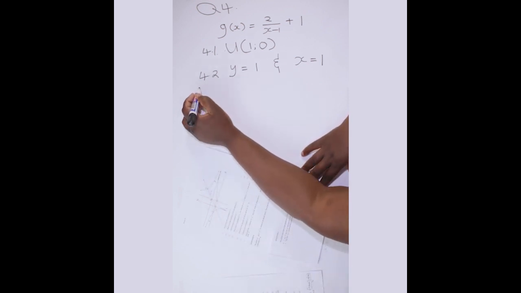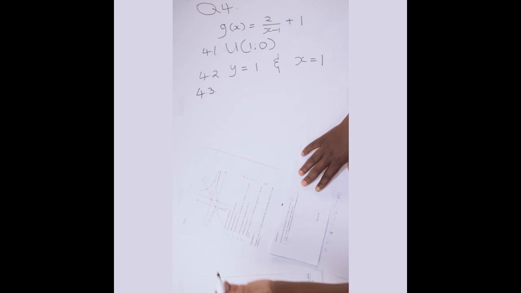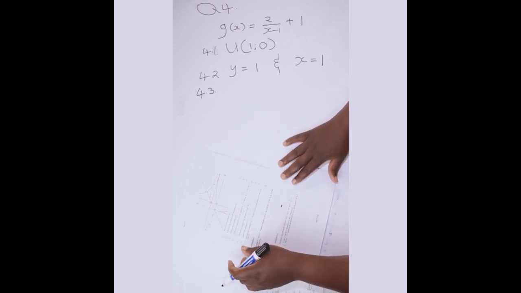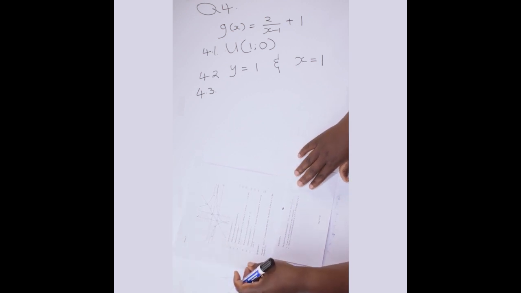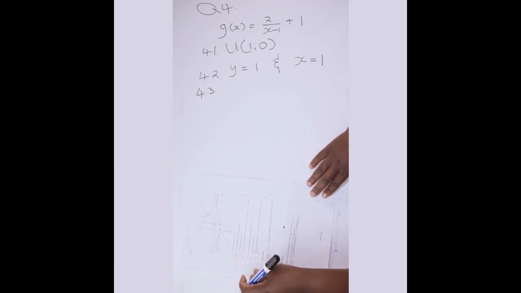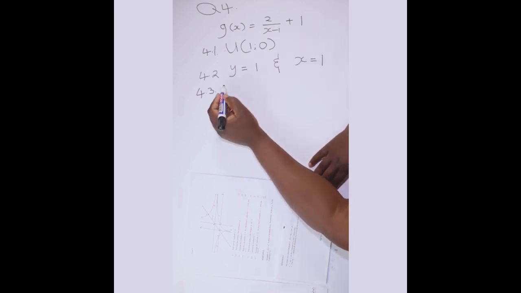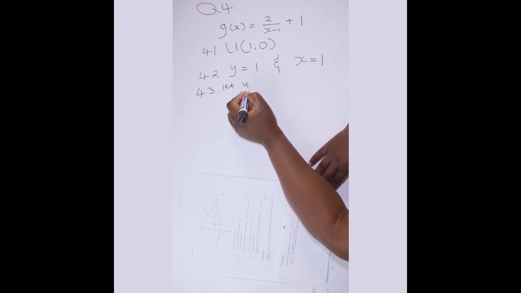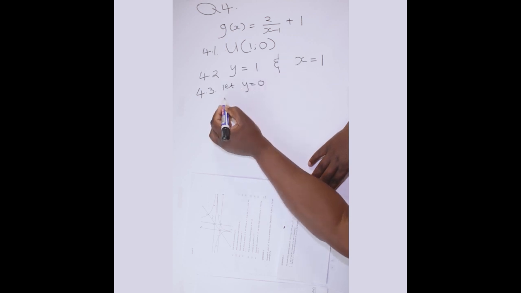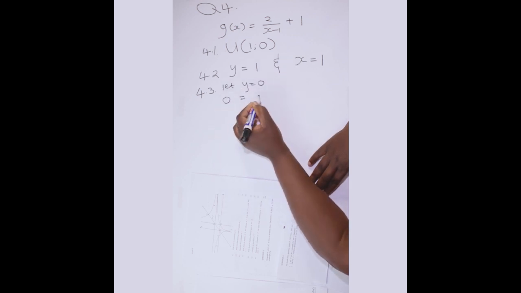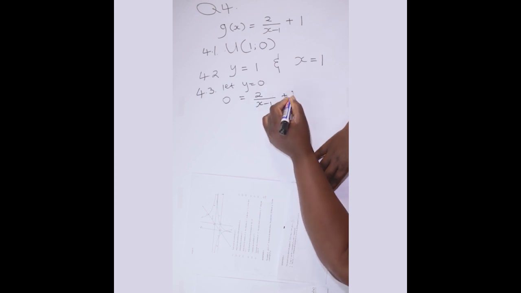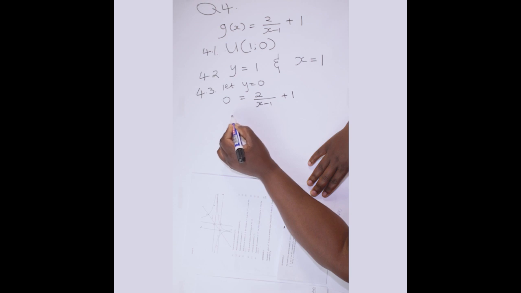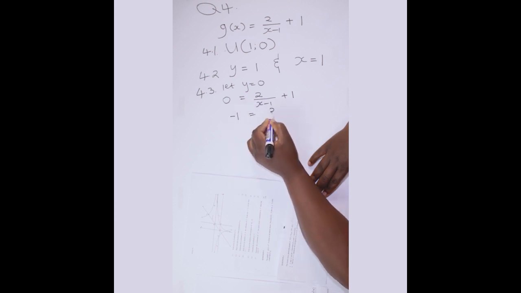Question 4.3 says determine the coordinates of T. Remember, they told us that T is the x-intercept of g. So we are going to let y be 0. If you let y, which is g of x, be 0, you will have 0 equals 2 divided by x minus 1, plus 1, which gives minus 1 equals 2 divided by x minus 1.